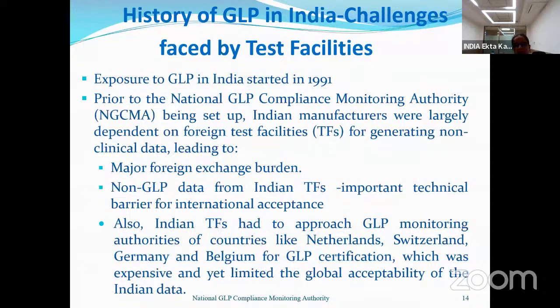Non-GLP data from Indian test facilities was an important technical barrier for international acceptance, and the Indian test facilities had to approach GLP monitoring authorities of foreign countries like Netherlands, Switzerland, Germany, and Belgium for GLP certification. And this process was too expensive, yet limited the global acceptability of Indian data.